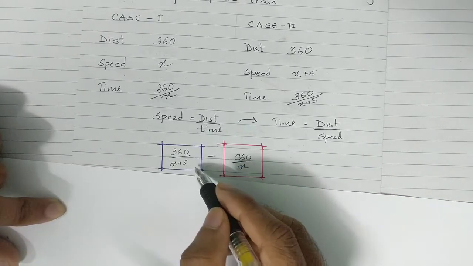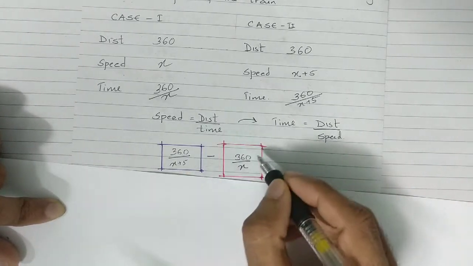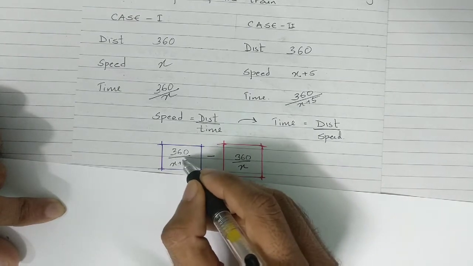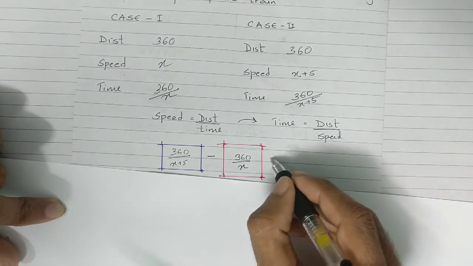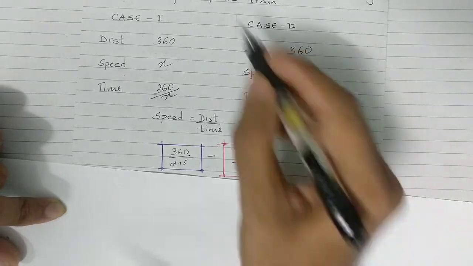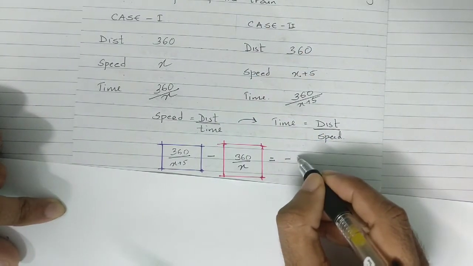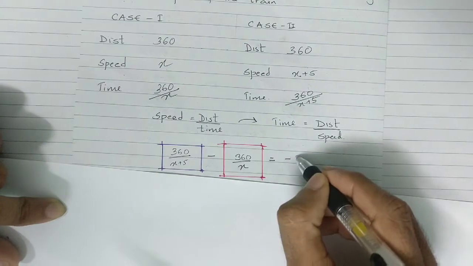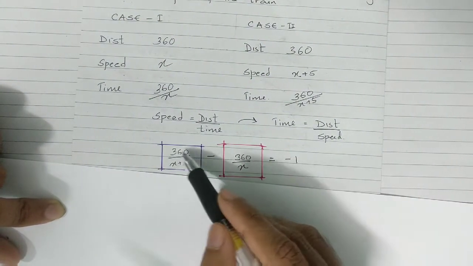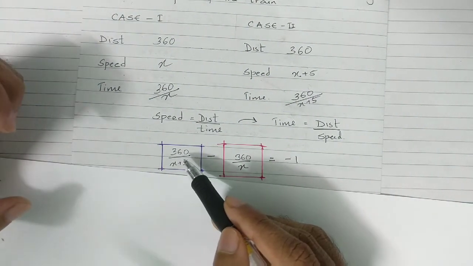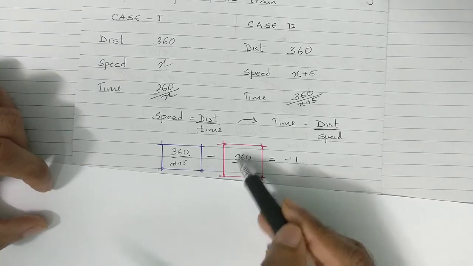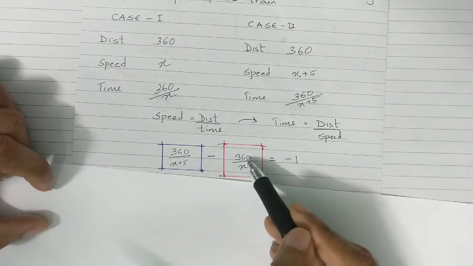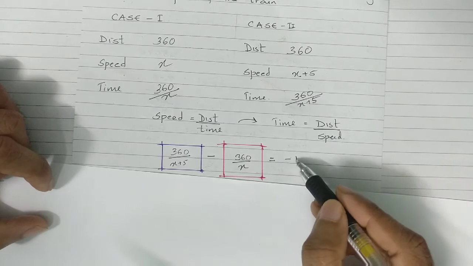When I do this calculation, a smaller number minus a bigger number, I will get a negative number, and that is 1 hour less. So if I take the time which is less minus the time which is more, I will get 1 hour less.